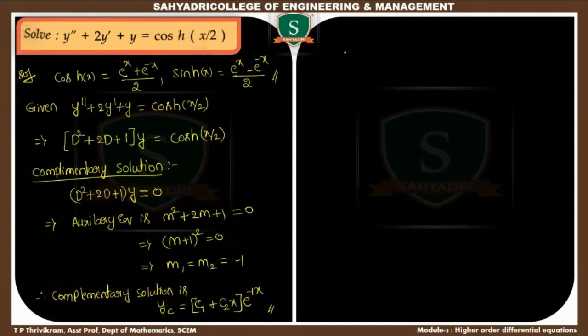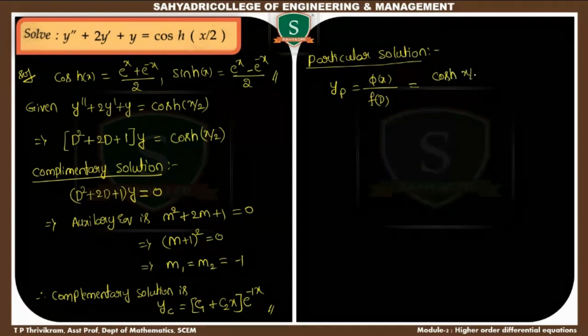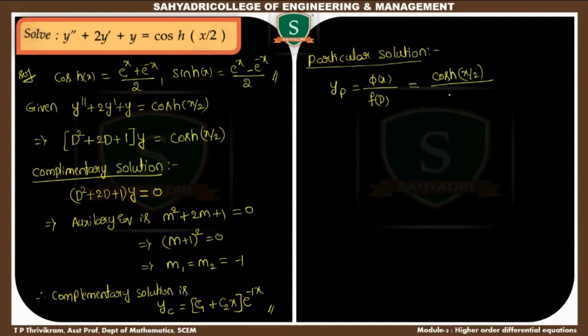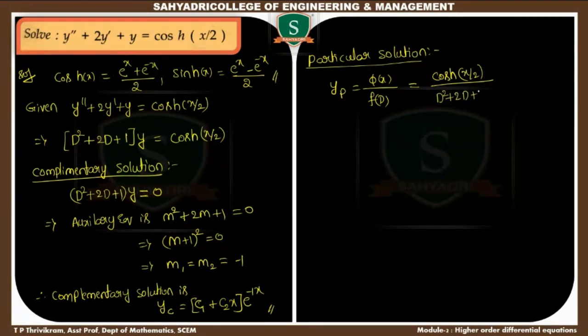So next, the particular solution. The particular solution is yp equal to phi of x divided by f of D, which is cosh of x by 2 divided by D square plus 2D plus 1.